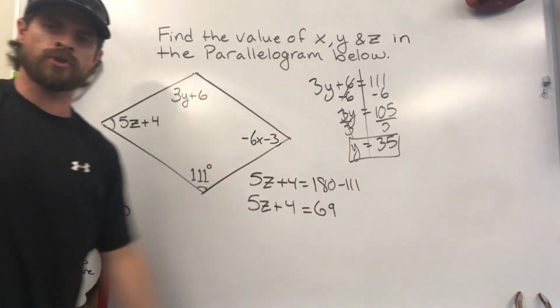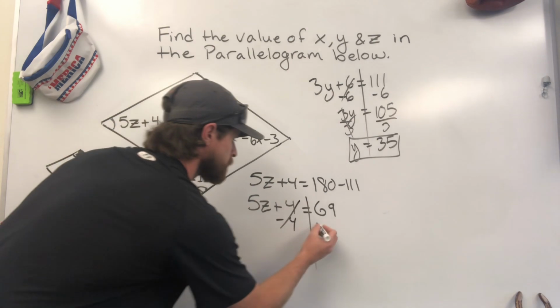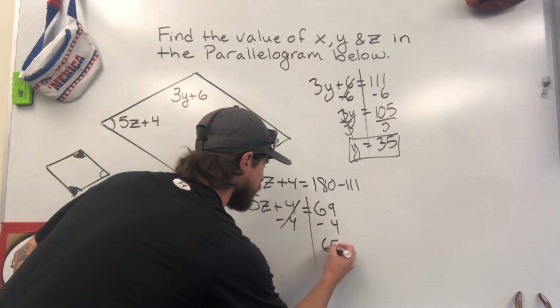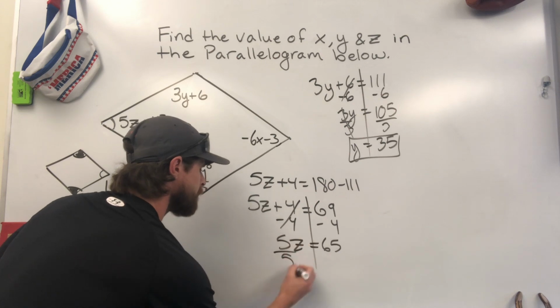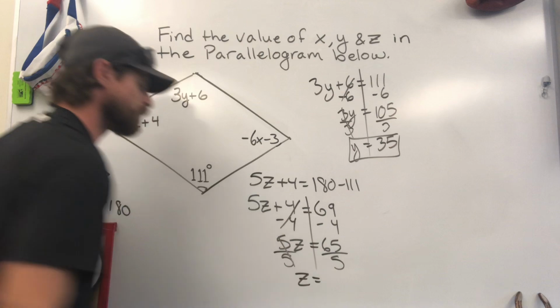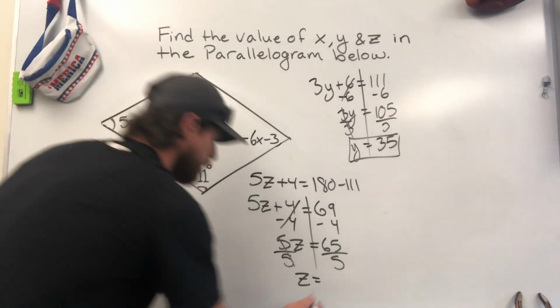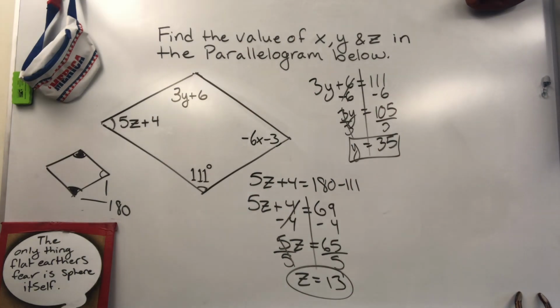Again, we're in our two-step equation. Just got to solve this out. So take away 4, cancels, take away 4, leaving me with 65 equal to 5z. Divide by 5, divide by 5. Z is equal to 13. Is that right? Yeah, 13.